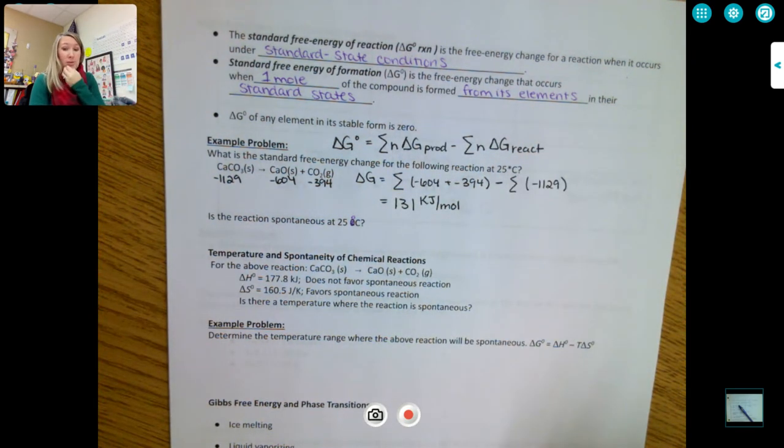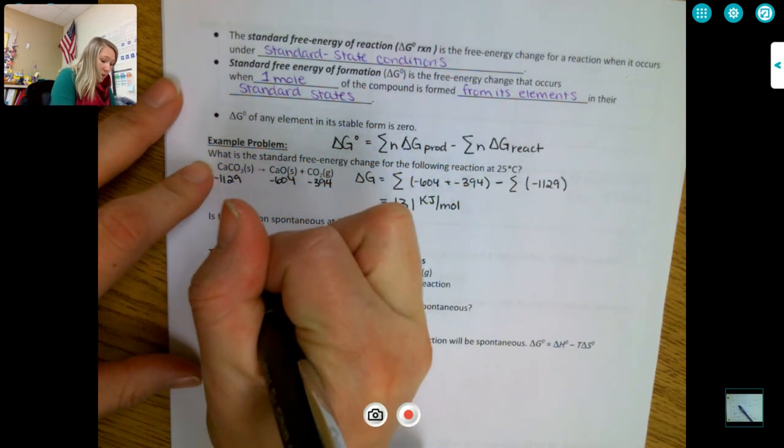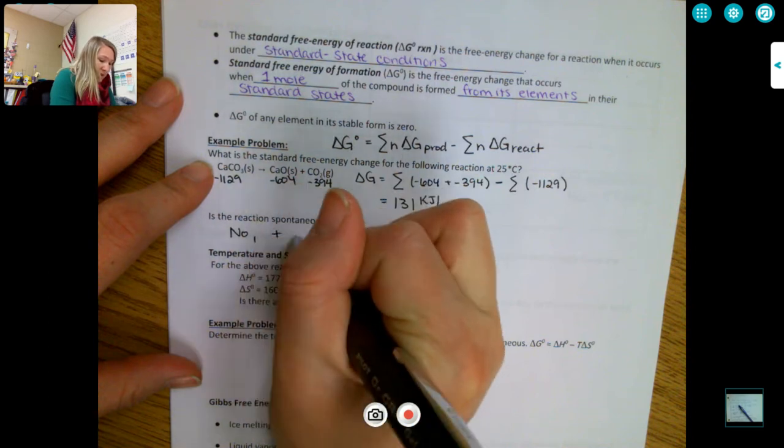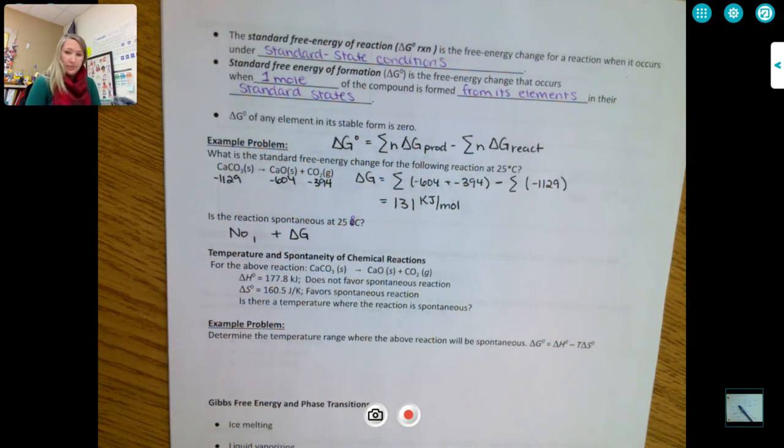That's a positive value. So at 25 degrees Celsius, is this spontaneous? No, not spontaneous, because we have a positive delta G.